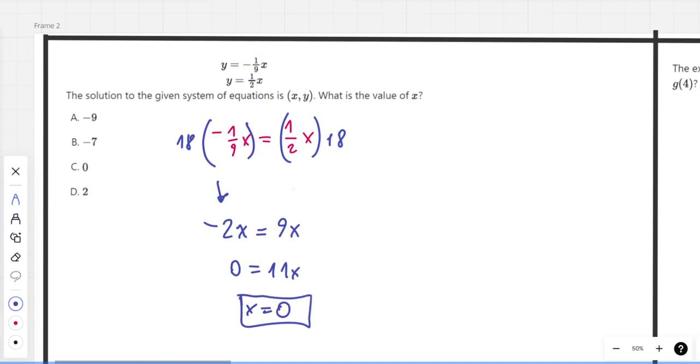Actually, that should be clear from these equations as well. They both pass through the origin, so the point of intersection is going to be at x equals 0. So that's going to be answer choice C. How do we do on that one?